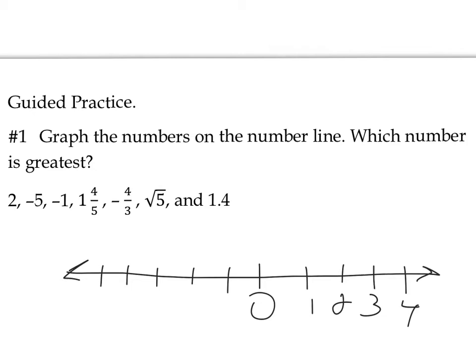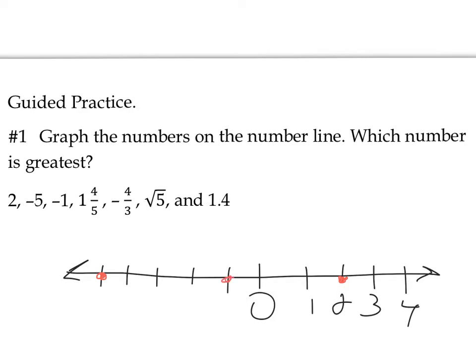If we look at the first number in our list, it is 2. That's pretty straightforward. We can place the number 2 right here on our number line. Then the next number on our list, -5, also pretty straightforward. We could put -5 on our number line right there.